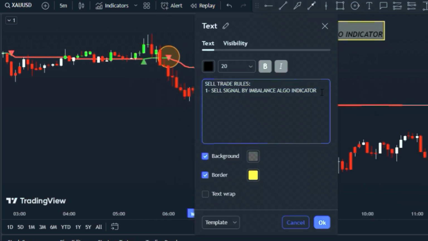But don't jump in just yet. We need confirmation from our trusty FAS system. When every part of this bad boy turns red, that's your green light to sell.